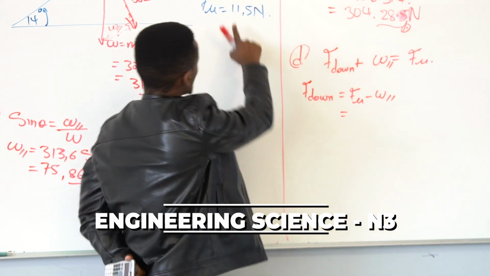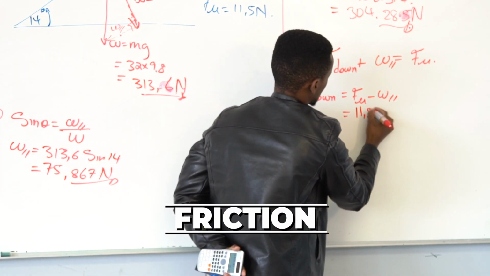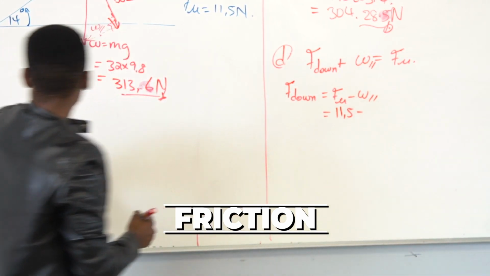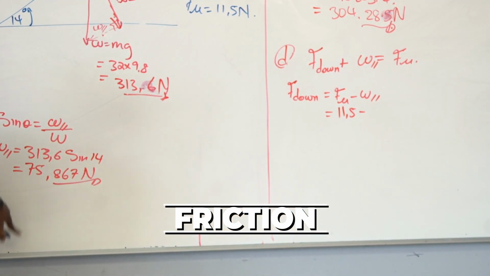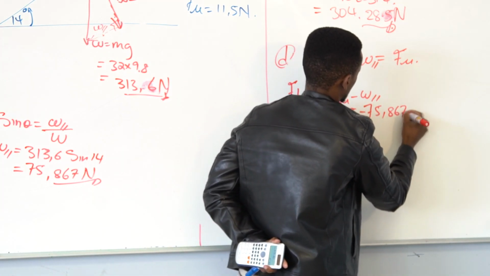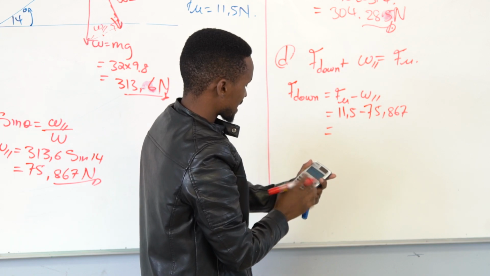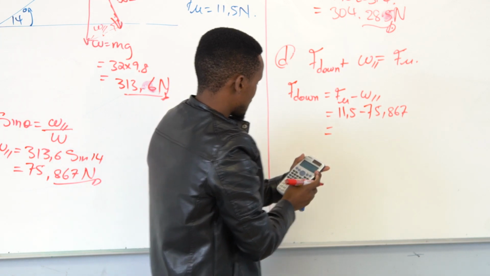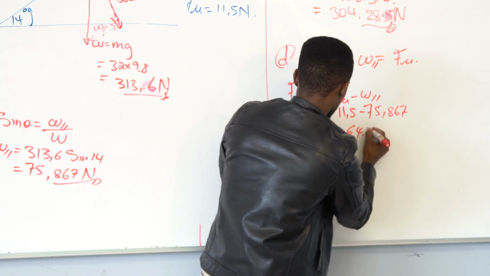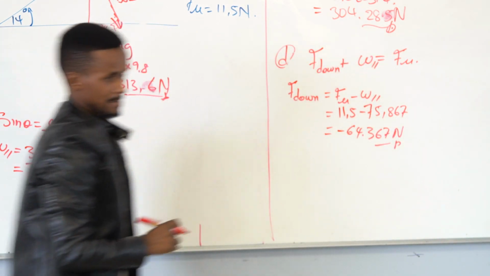Now, the frictional force was given to us as 11.5 minus the weight parallel, 75.867. And the answer that we're going to get here, as you can see, is a negative answer. It's negative 64.367 newtons. What does this mean?